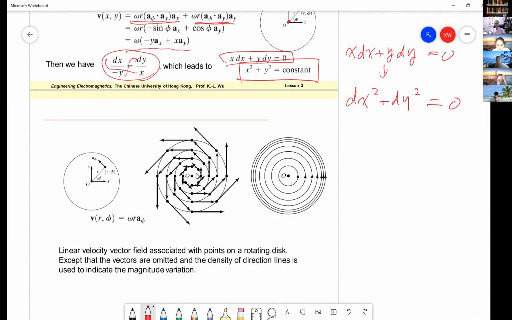That is a circle. This is a very simple example. For a given constant, that means a given distance r, you can find this field line. Later on, we can find more sophisticated problems.